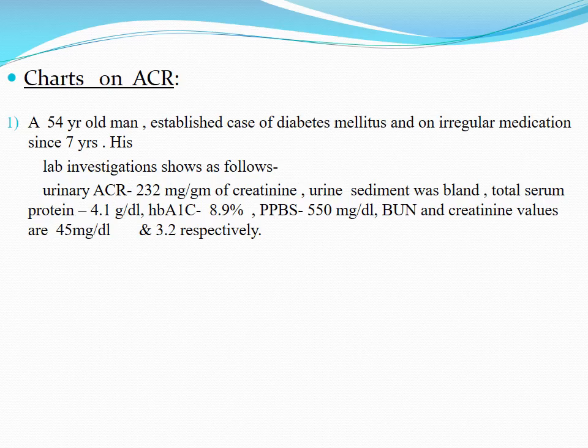So this gives us a picture of an established case of diabetes leading to complications, where the complication of nephropathy has already evolved, chronic renal disease. HbA1C is higher, there is excessive protein loss, so there is microalbuminuria, and the ACR they have provided is much more.